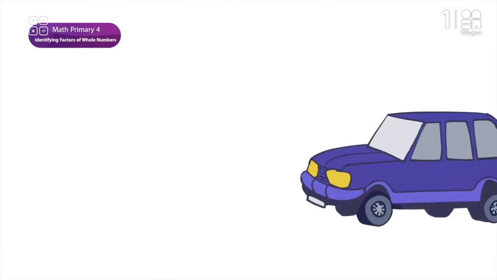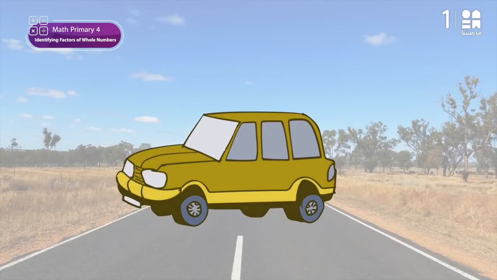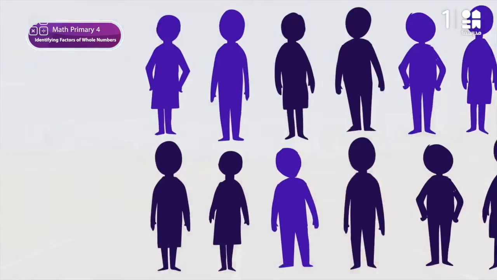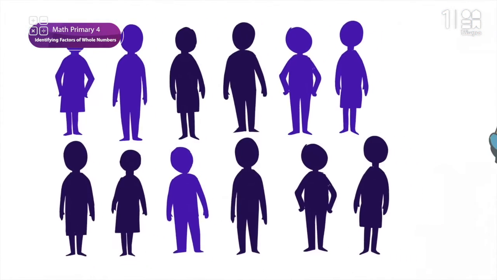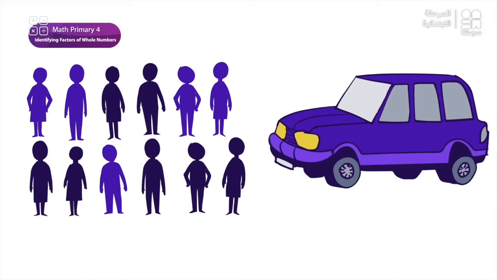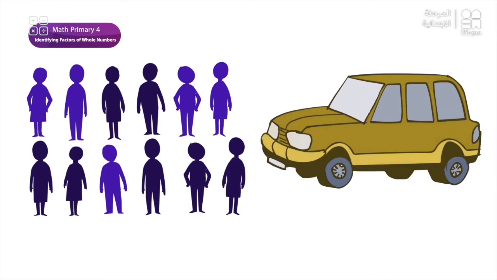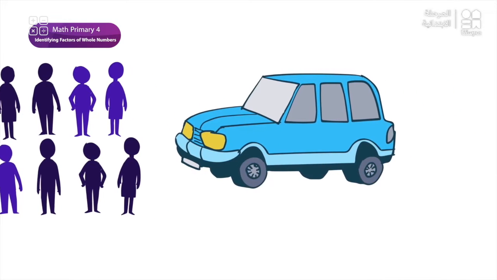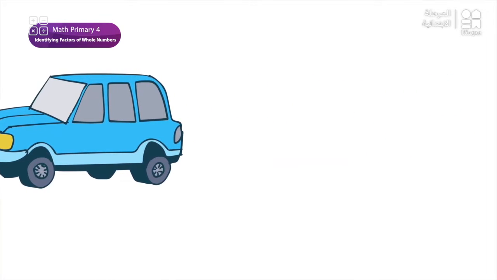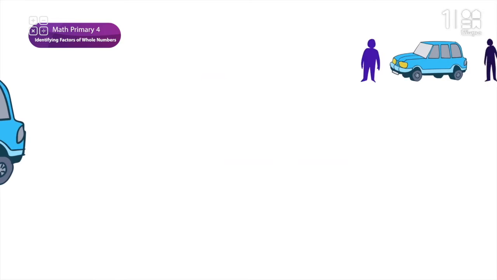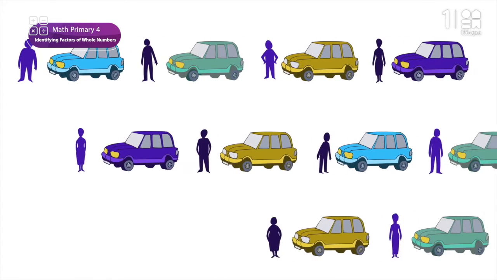That's a big car. It will carry several passengers. Here are some people wanting to go somewhere. I wonder how many different car and people combinations we can find. We must have the same number of passengers in each car each time. Wow, everyone could have their own car.